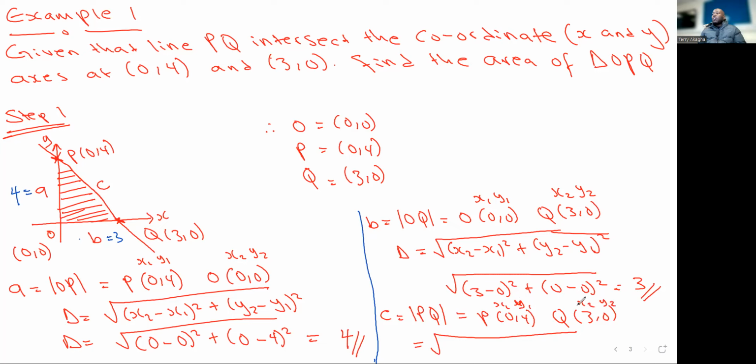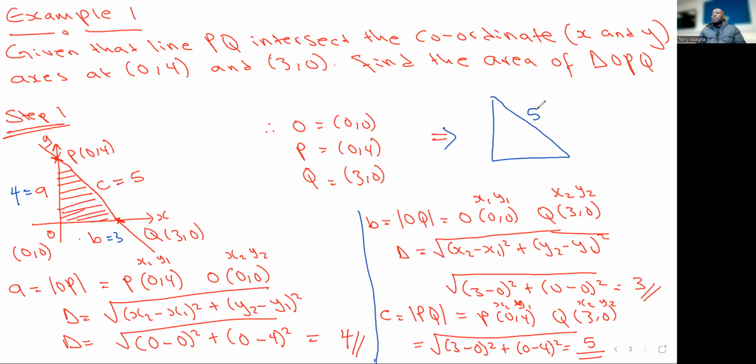So it's 3 minus 0 all squared plus 0 minus 4 all squared. This is 9 plus 16, 25. The square root of 25 will give you 5. So the distance for C is equal to 5.